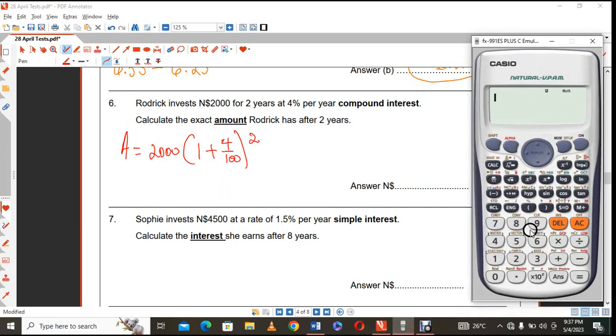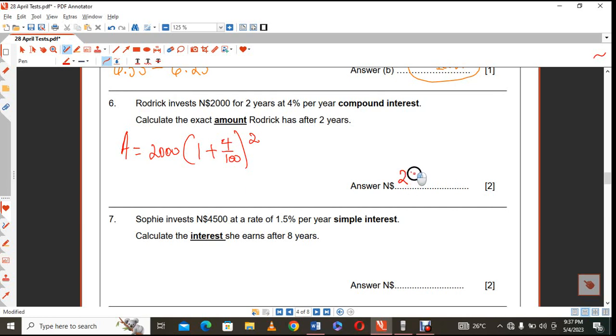You can grab your calculator for that. So that's 2,000, open bracket 1 plus, well, it's 4%. All of that should be raised to the power of 2, which is the number of years, and you get your answer, $2,163.20. Okay, so that would be the amount that you get.